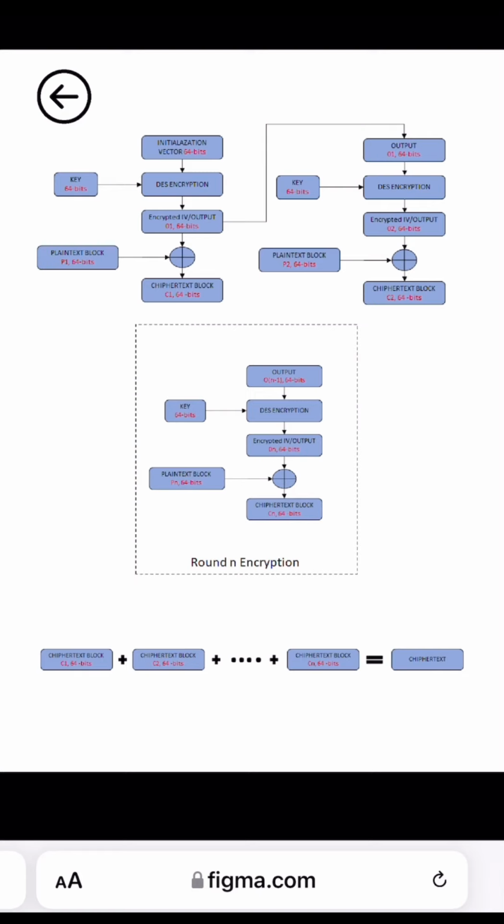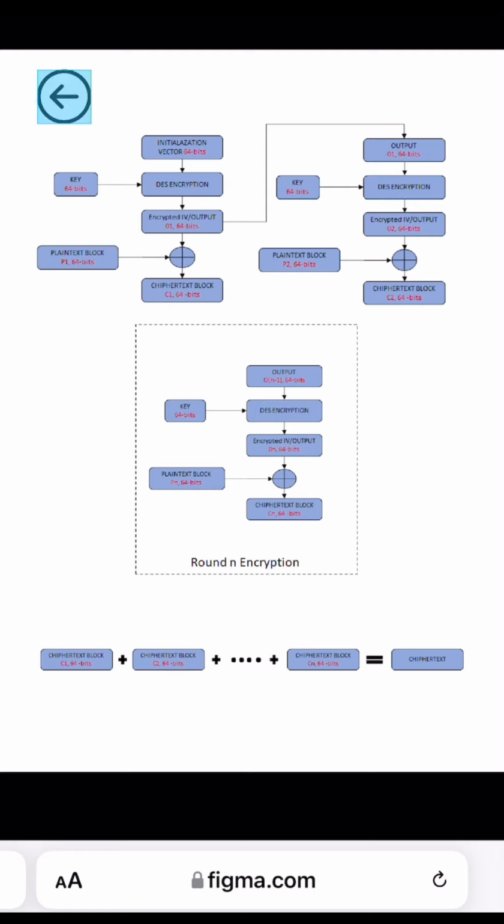The operation then continues until the plaintext has been encrypted, which we can denote as N rounds. Based on the pattern, we can say that the IV used in round N will be the output from the previous round of encryption, therefore denoted as O(N-1).